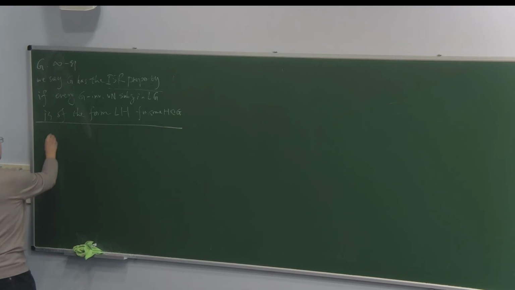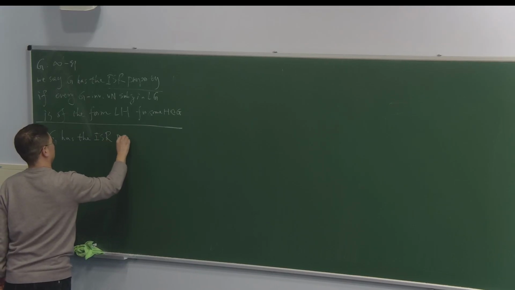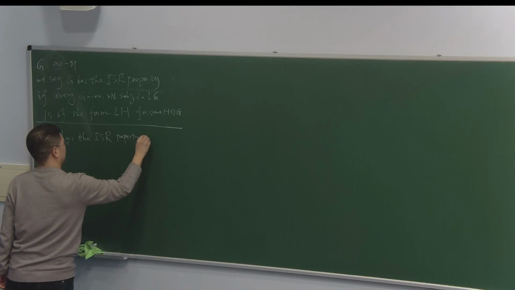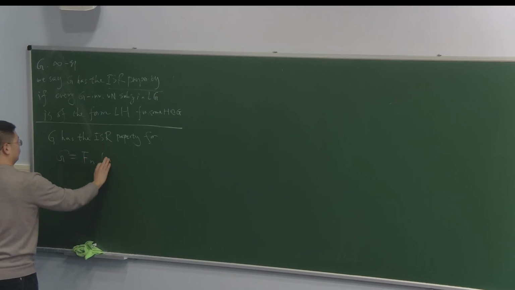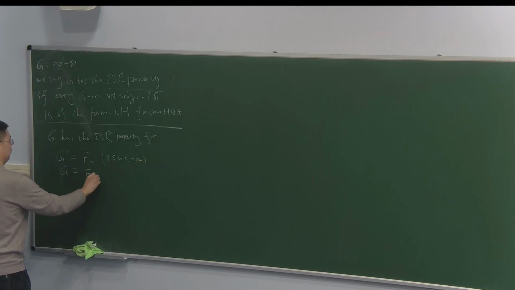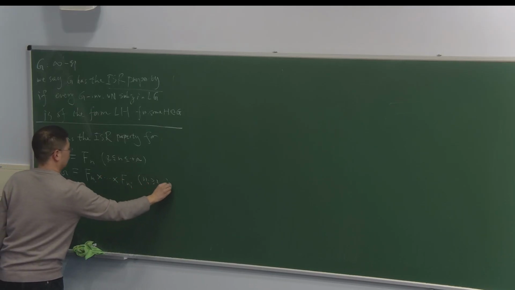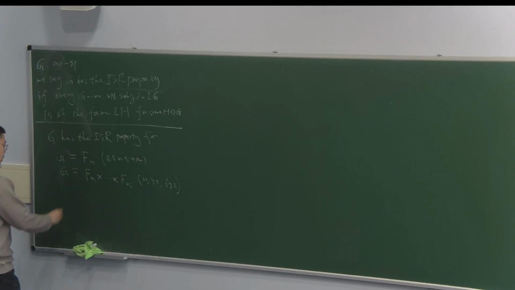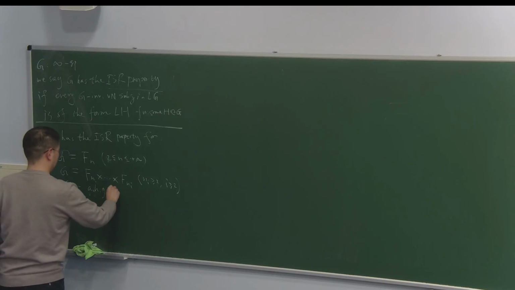For example, we can have the following classes. If I take G to be a free group, or we can take finite products of these groups. We can also take an acylindrically hyperbolic group with trivial amenable radical.